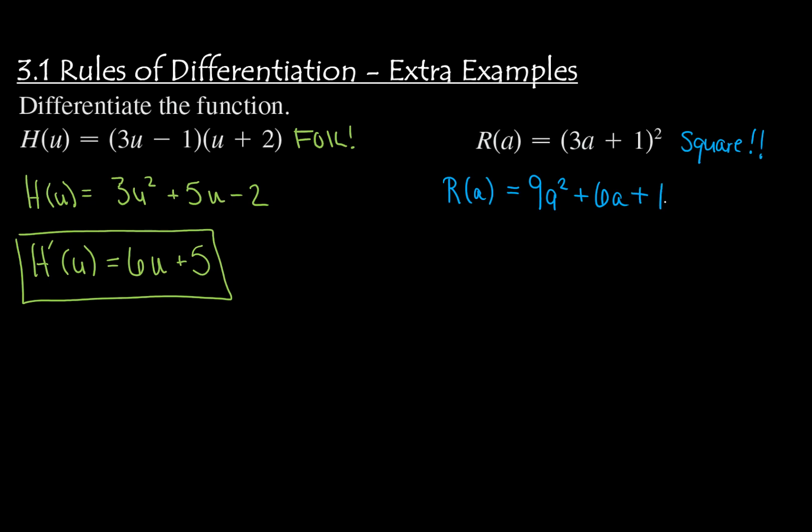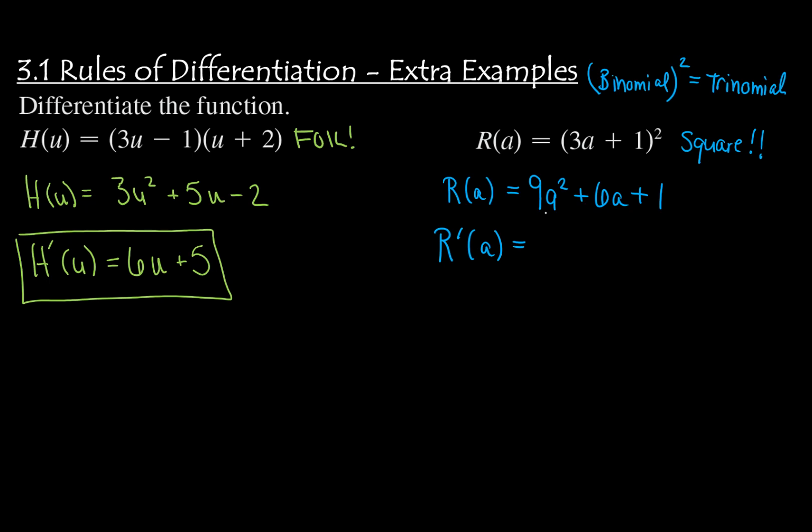Now don't forget, when you square a binomial, you get out a trinomial. Most students forget that part. They forget the 6a, the middle term, but it's true. That's what you get.